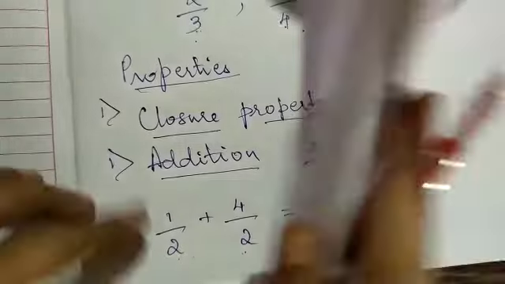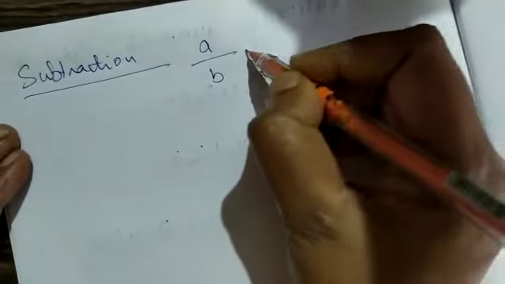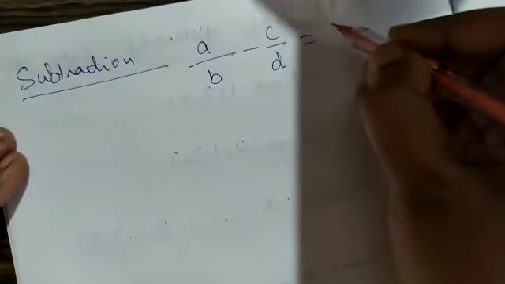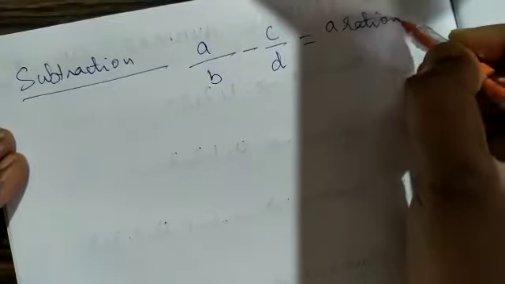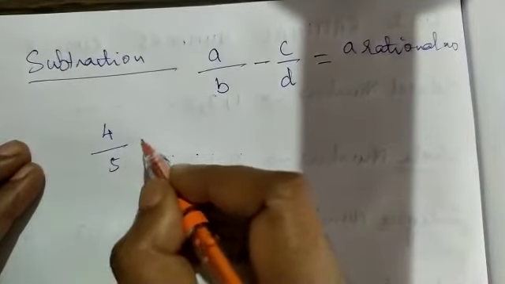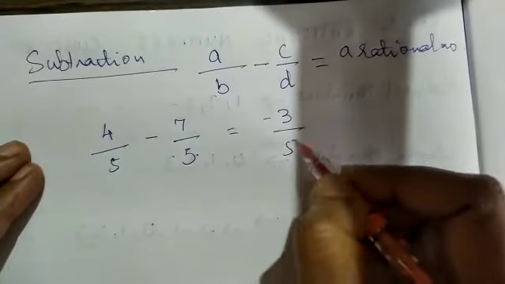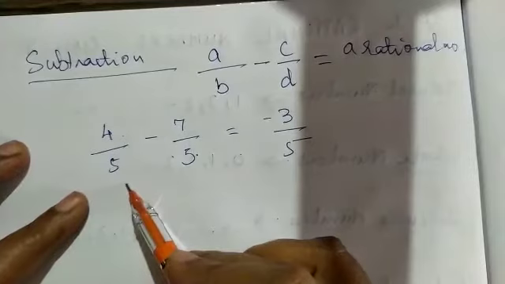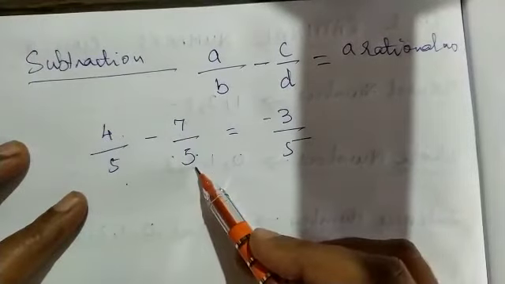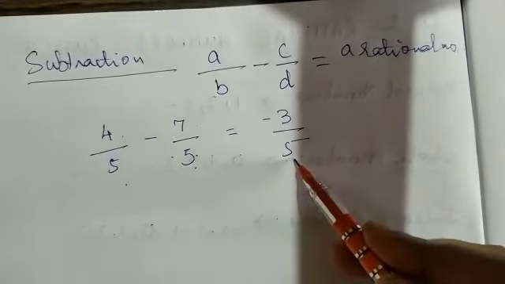Now, we'll go for subtraction. In subtraction, if we subtract two rational numbers, we must get back a rational number. If I take 4 by 5 minus 7 by 5, I will get minus 3 by 5. So 4 by 5 is a rational number and 7 by 5 also is a rational number, and the result minus 3 by 5 is also a rational number.